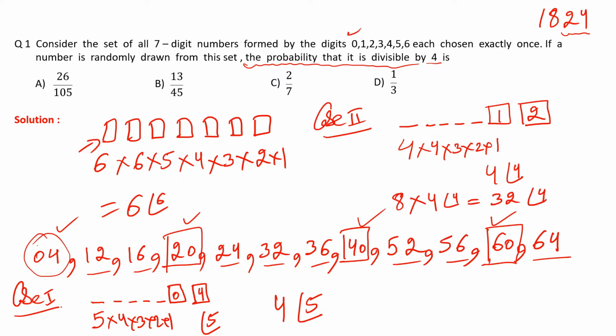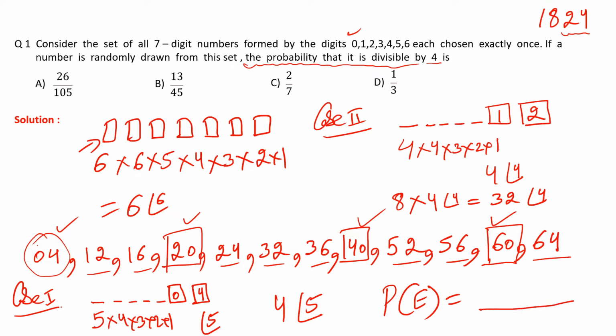So now students, the required probability, I am calling this event by E, and the probability that the number chosen, because we are selecting randomly any number from this particular set of the numbers obtained, then it is going to be number of favorable cases divided upon number of exhaustive cases.